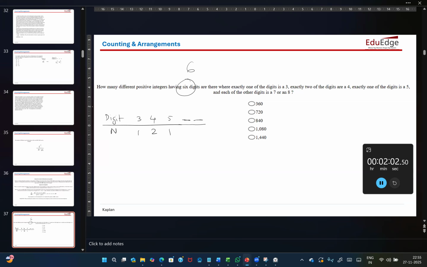See, 6 factorial upon the repetitions, that is 2 factorial for the 4s, 2 factorial for the 7s. And since it can either be 7 or 8, I will have to multiply it by 2.